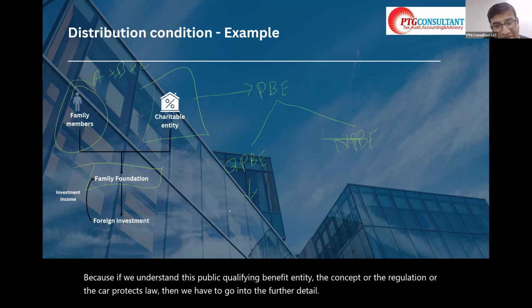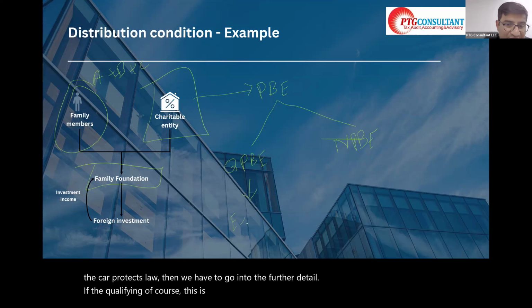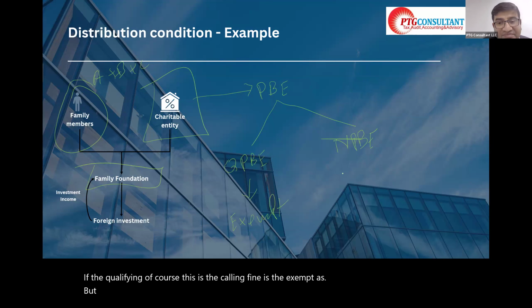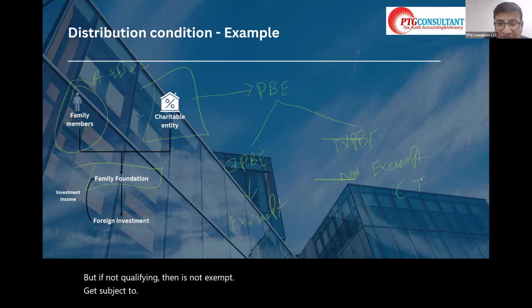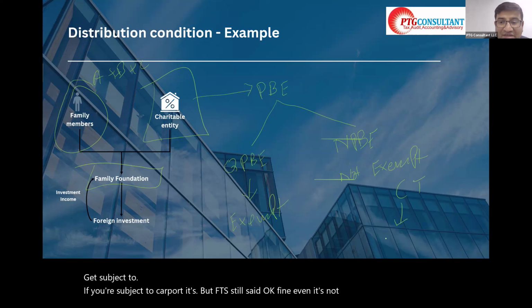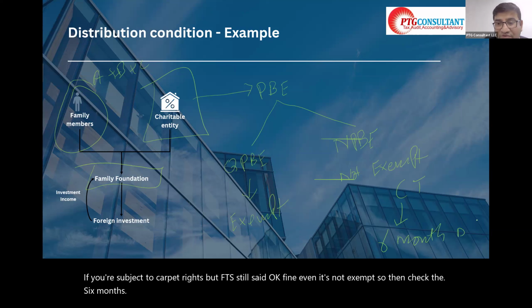If it is qualifying, of course, it is exempt, but if not qualifying, then it is not exempt and is subject to corporate tax. But the FTA still says, okay, fine, even if it's not exempt, then check the 6-month distributive condition.